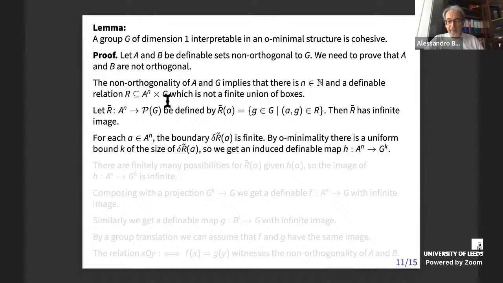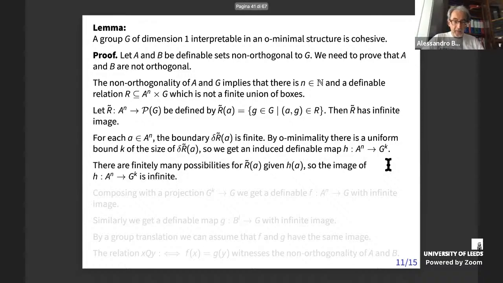So by minimality, there is a uniform bound on the size of the boundary. So we get, by ordering the points, a definable map from A to the n to G to the k. Since there are finitely many possibilities for the set given the boundary, and since there are infinitely many possibilities for the set, it means that the image of this map is infinite.